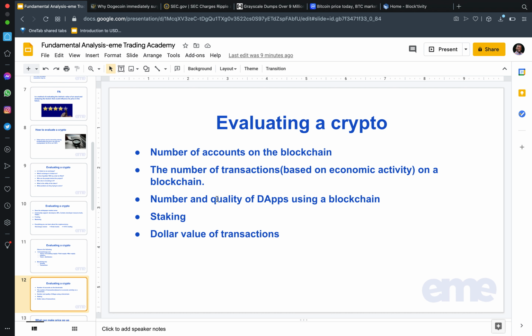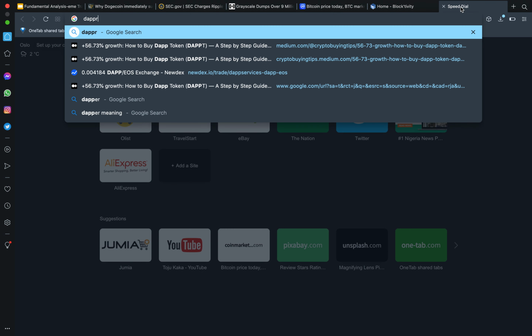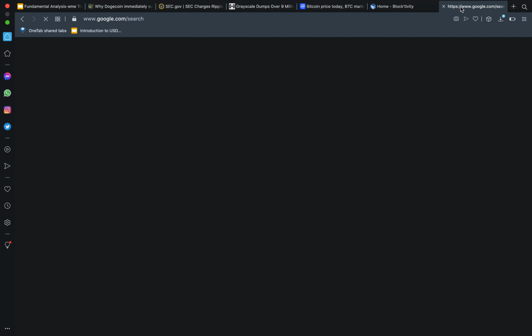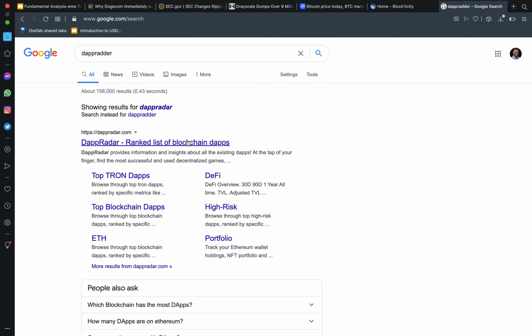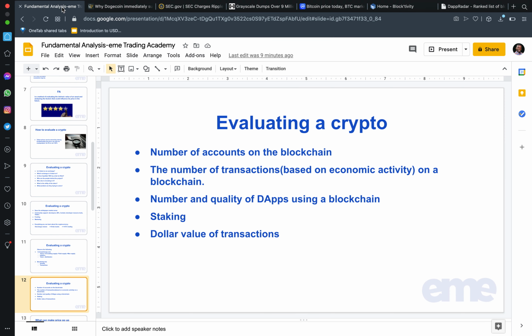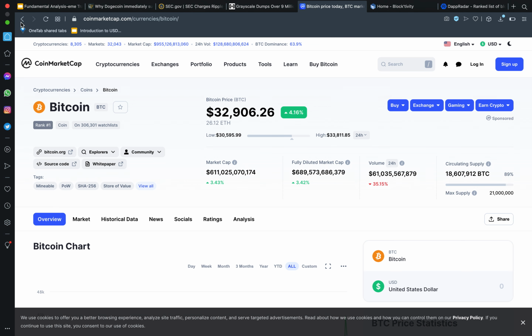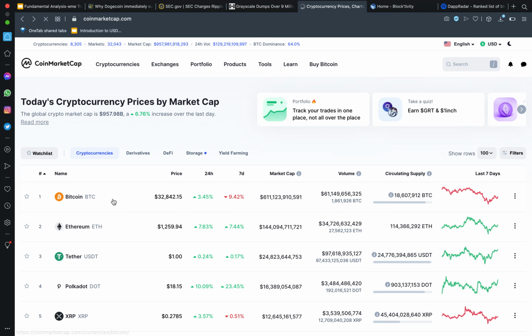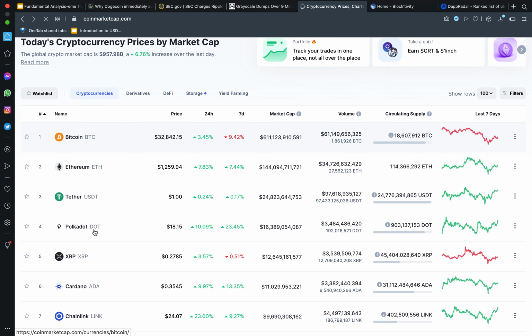You can look at the number and quality of dApps. All right, a website where you can do that is dApp Radar, especially for blockchains that are platforms for dApps. There are some blockchains that are platforms for decentralized applications. For example, Ethereum.